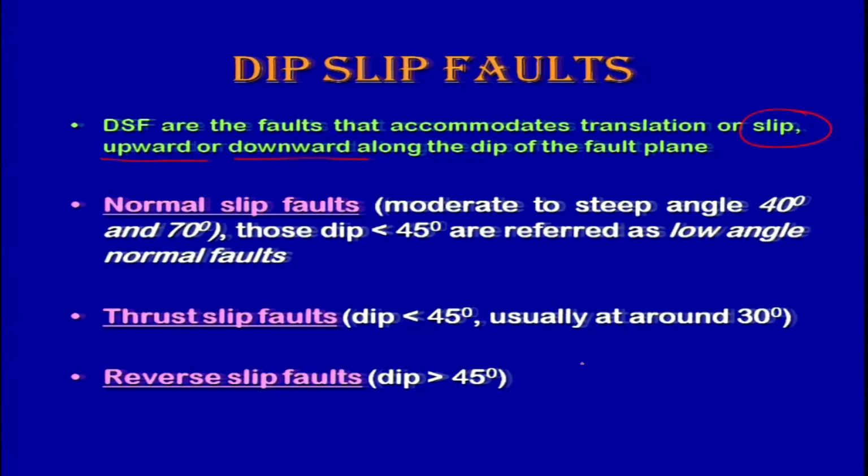So the photograph which I was showing, with a scarp like this and the displacement of the fault like this, is a high angle, hence we can classify this as a reverse fault.